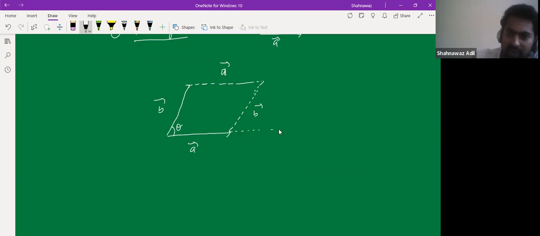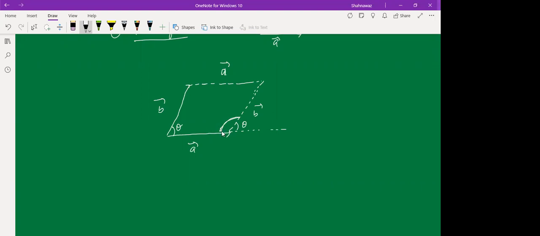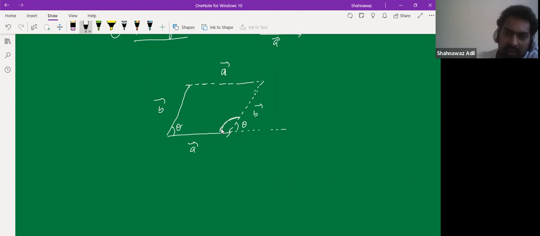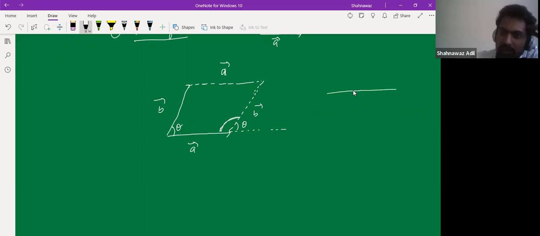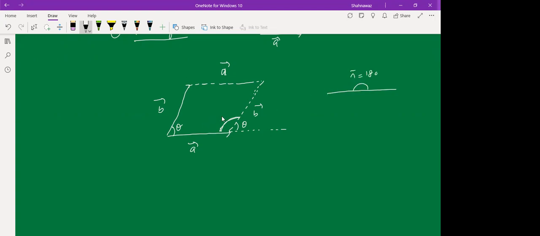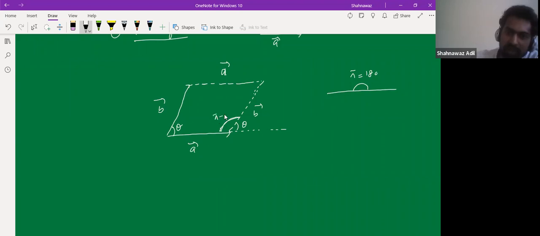So this angle is theta. And what will be this angle? From the linear sum property of a line, what will be this angle? You know that a line makes a total angle of pi or 180. 180 minus theta. Yes, so this will be 180 minus theta or pi minus theta.